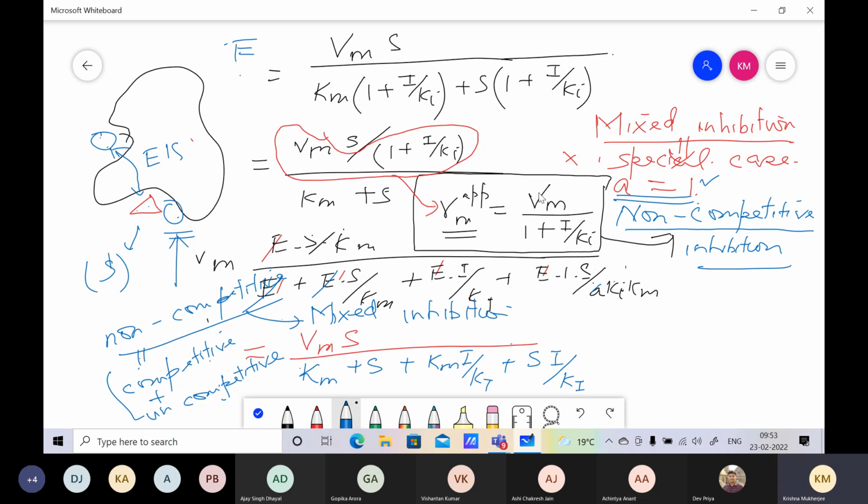So non-competitive is quite different in terms of principle. It looks very similar, but it is actually the most different from the other two. So non-competitive is mixed inhibition kinetics and nothing to do with uncompetitive or competitive. It is a combination of both.